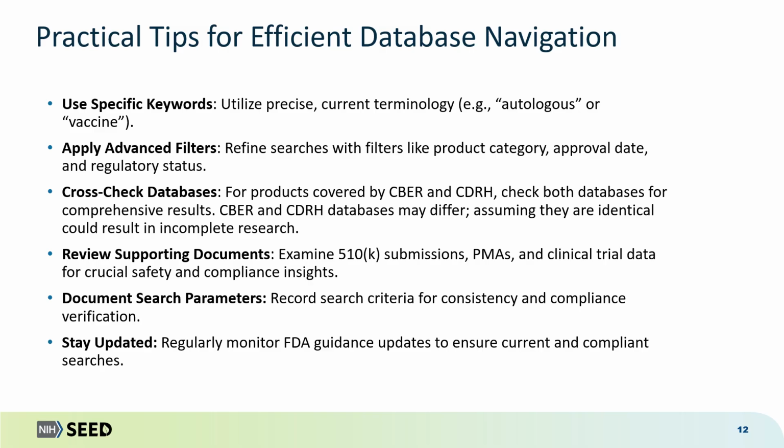Cross-check CBER and CDRH databases for biologic devices as their details vary. Review supporting documents carefully and document your search parameters to ensure consistency and compliance. Staying updated on FDA guidance is also essential, as it can impact database entries and approval standards.